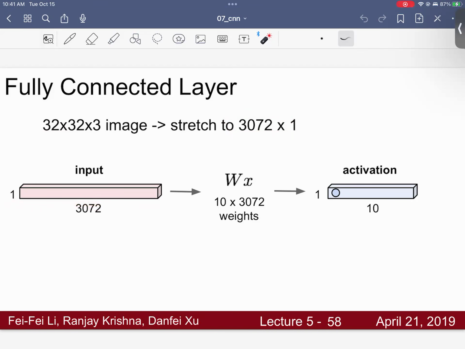You don't know how to deal with three-dimensional images, so you just stretch it to a single long vector, and then this is your fully connected parameter. You simply multiply it, and then you get 10 classes. Suppose that you are dealing with 10-class classification, then you need 10 dimensions out, right? So all you need is a 3,072 by 10 parameter matrix, basically, and that's it.